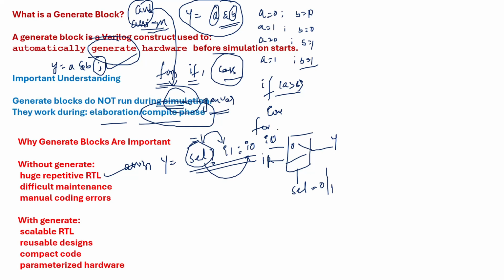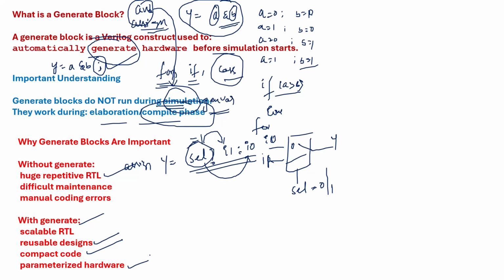This functionality we need to repeat many times, but it is not possible without a generate variable. With the generate variable, you can repeat many times. With generate, you get reusable ports, compact code, and parameterized hardware. Why do we need parameterized hardware?